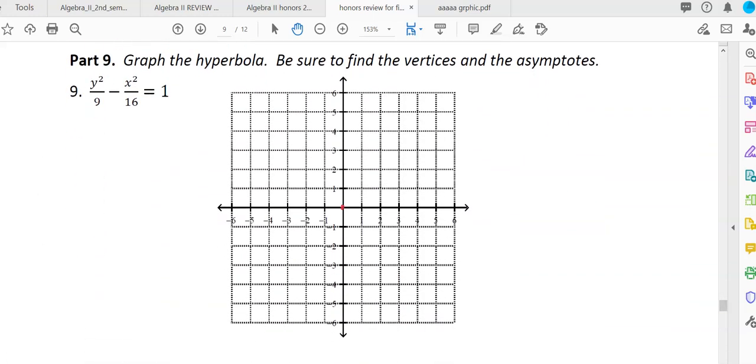So 0, 0, horizontally, vertically going up 3, down 3, horizontally to the right 4 and to the left 4. It's vertical, so these are the vertices. Draw the dot box, connect the lines. So it's coming off that one, and that one, and that one, and that one.